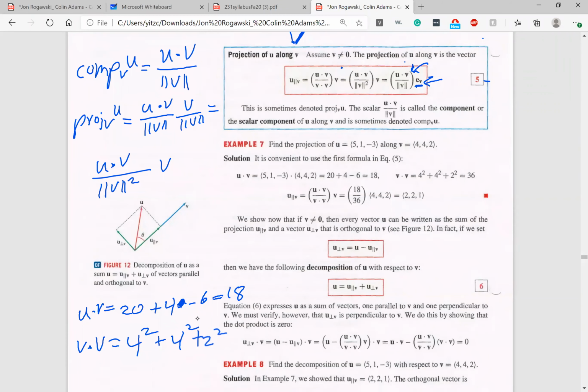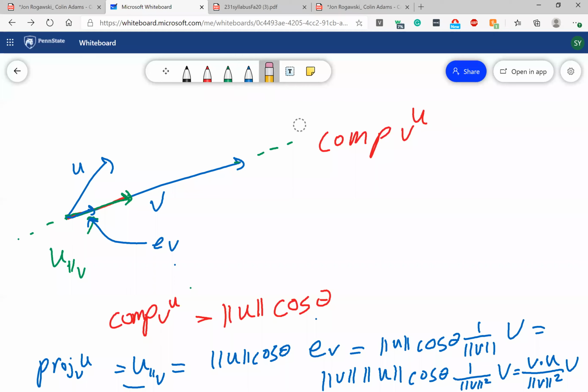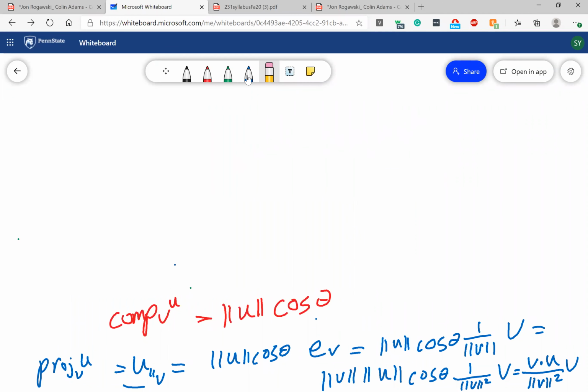And we don't have the square root, because we remember that the magnitude of v squared is equal to v dotted with v. So when we look at v dotted with v, we don't put the square root.